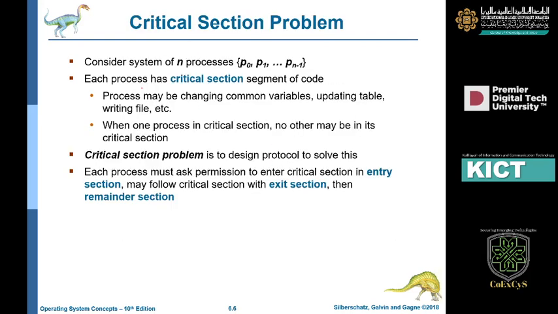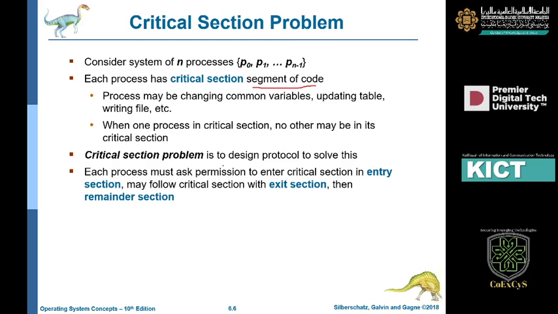So when we have a race condition, we have something as well called the critical section problem, right? So there are sections of the code that require only one process to access them at a given time, and this code is what we call the critical section, right? So we consider that each process has a critical section in this case, and it's just a segment of code there, right?